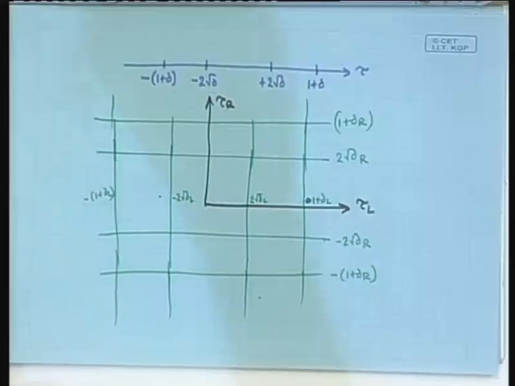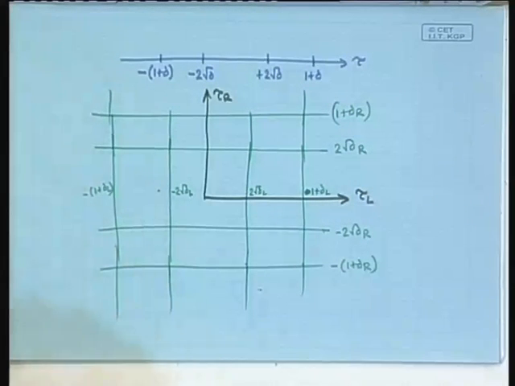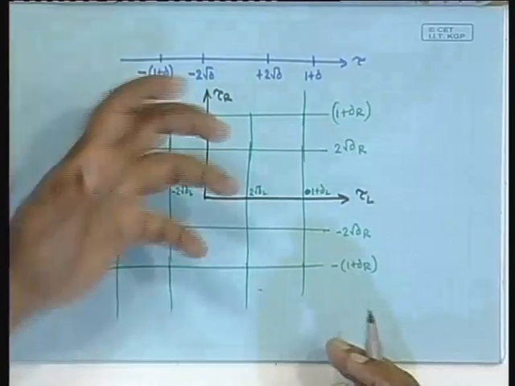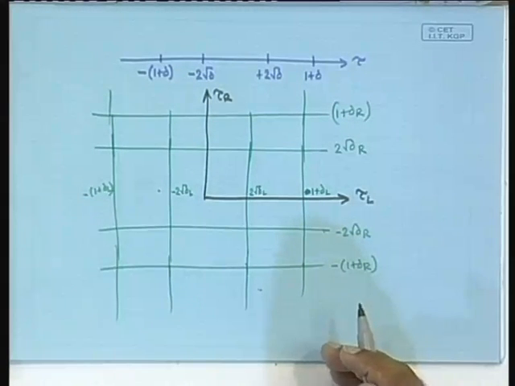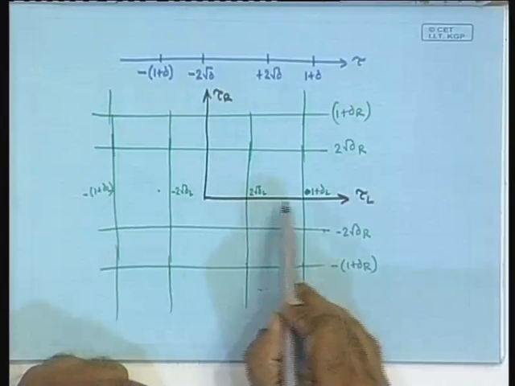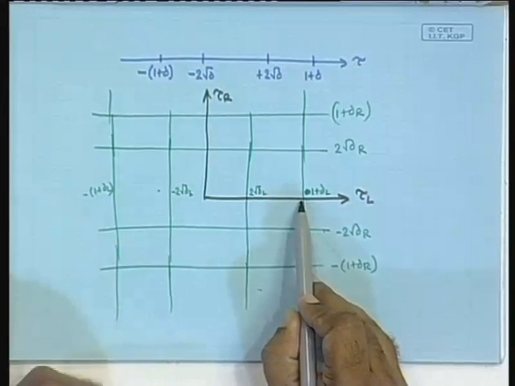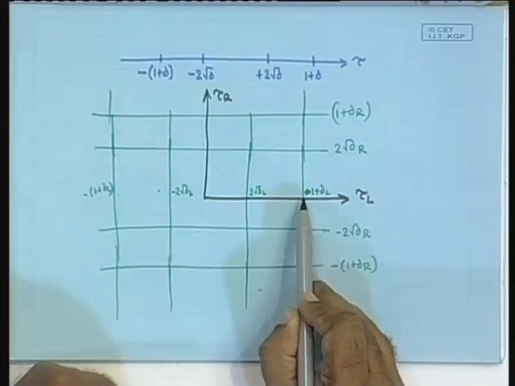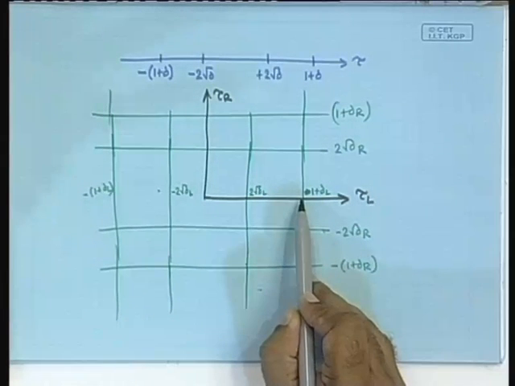For example, if say I place my point here, what does it mean? It means that while it is in the left hand side, its eigenvalue satisfied the condition that the trace is between 2 root delta to 1 plus delta. If it is in 2 root delta to 1 plus delta, what is its type? It is a regular attractor.